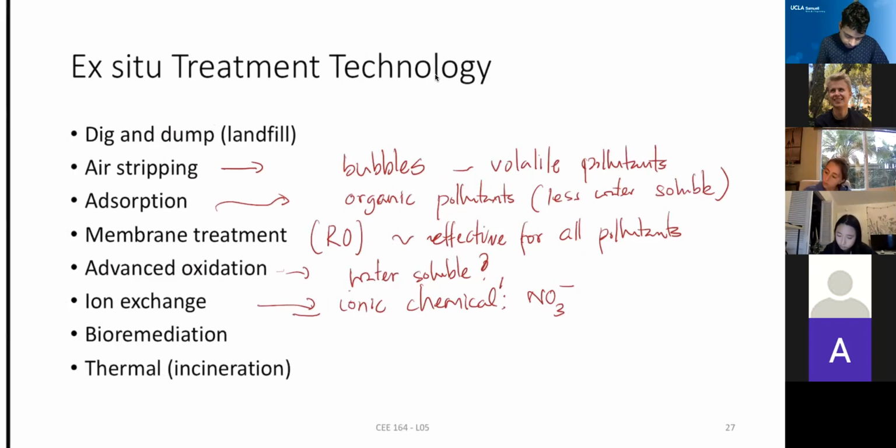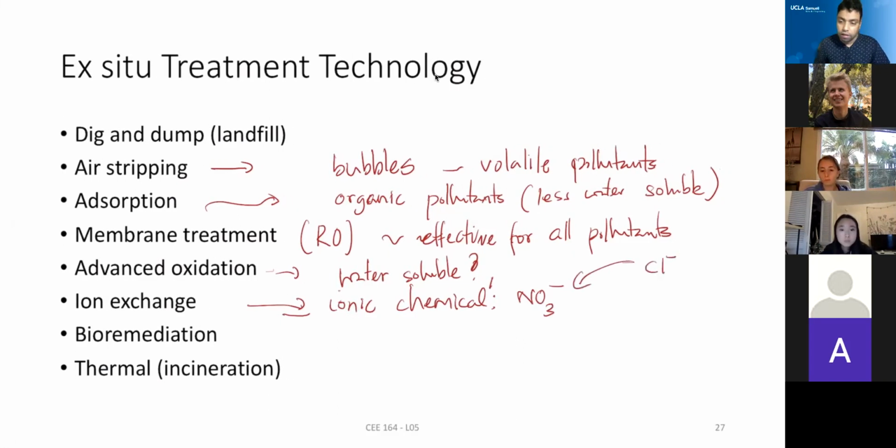For instance, you can replace nitrate with chloride. Chloride is not a pollutant, nitrate is. So you can have a selective ion exchange resin that removes nitrate and replaces it with chloride.